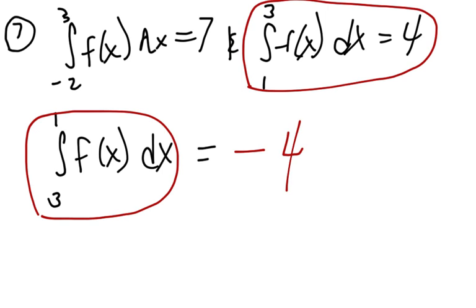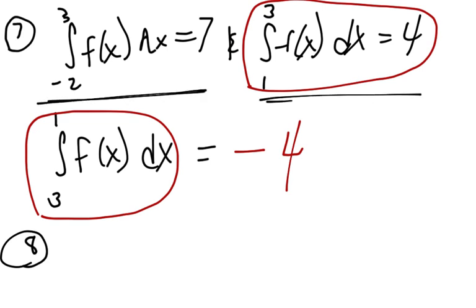Now, example 8 is going to use the same starting information that we have here at the top. And it says evaluate the integral from -2 to 1 of f of x dx.